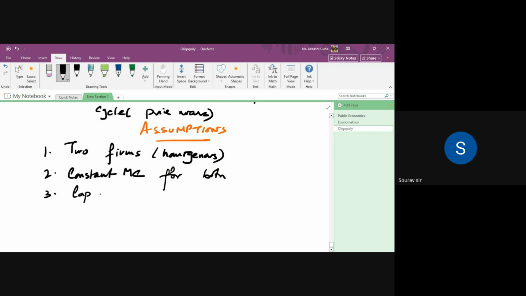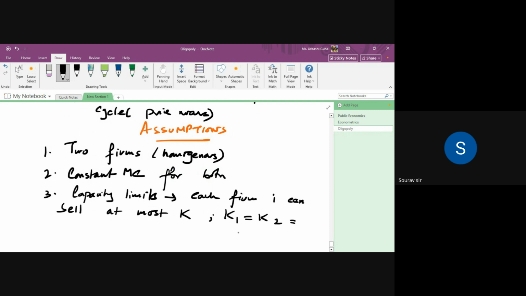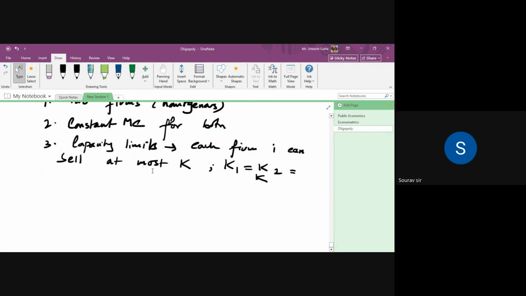Capacity limits, that we have to take, correct, because we have studied that it is required. So each firm can sell at most, say suppose K units. Suppose we start with symmetry, like K1 is equal to K2 is equal to K. Capacity limits.